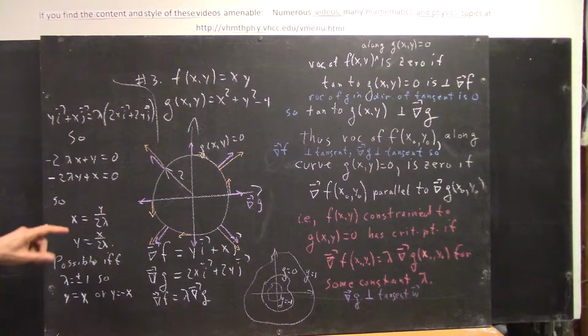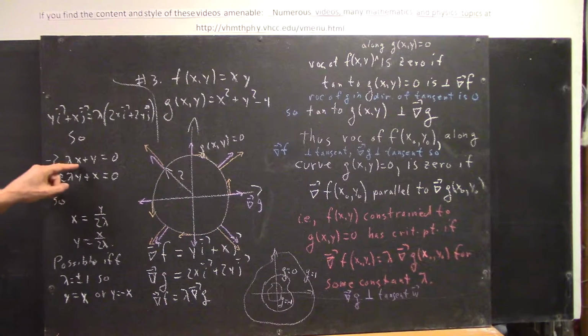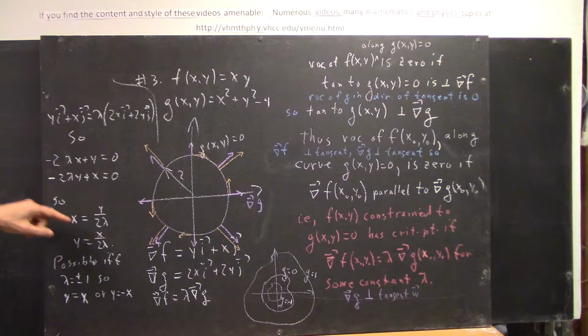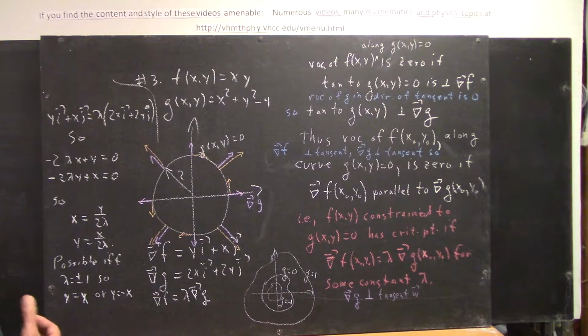Now we can solve for x, and x from this equation is just going to be y over 2 lambda, and y is going to be x over 2 lambda. This is possible if and only if lambda equals plus or minus 1, which is easily worked out. So we have y equals x or y equals negative x.